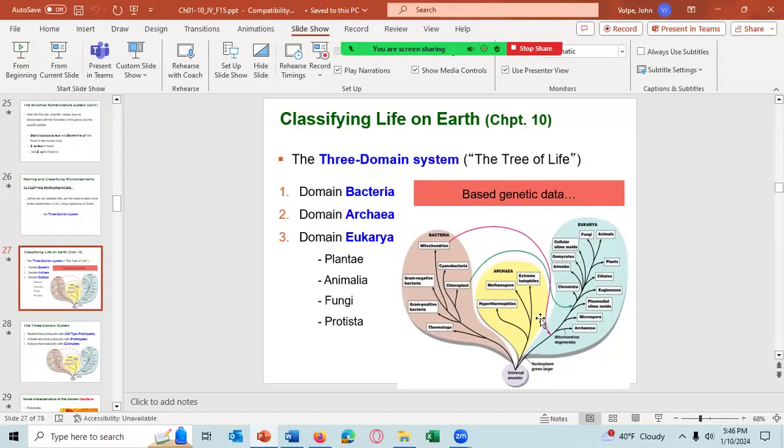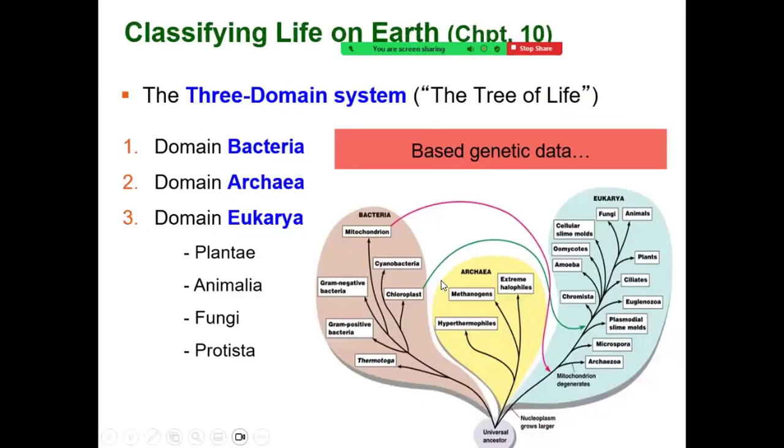It is true that the archaea and the eukarya are slightly closer to each other than the archaea or the eukarya are to the bacteria. That's because the archaea and the eukarya had a common ancestor for a short while that was a little longer than the eukarya had a common ancestor with the bacteria.